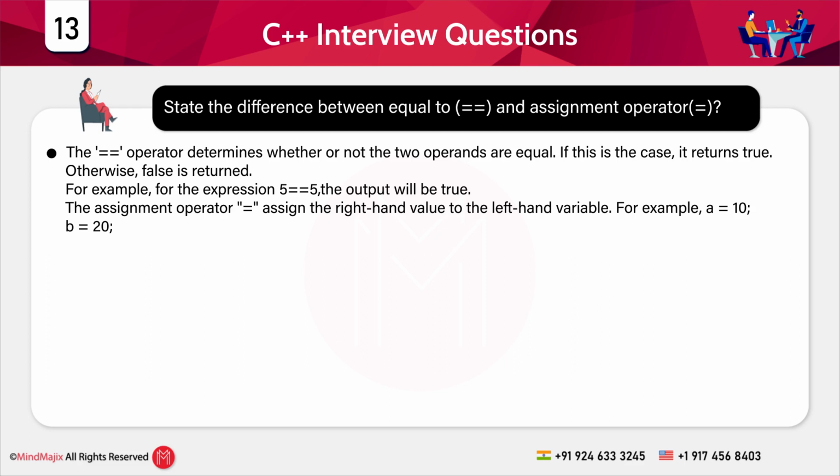So I hope this clears the difference between the double equal to and a single equal to operator. The double equal to is to check whether the operands on either side are equal or not, whereas a single equal to is nothing but an assignment operator. You use it to assign a value to a variable.